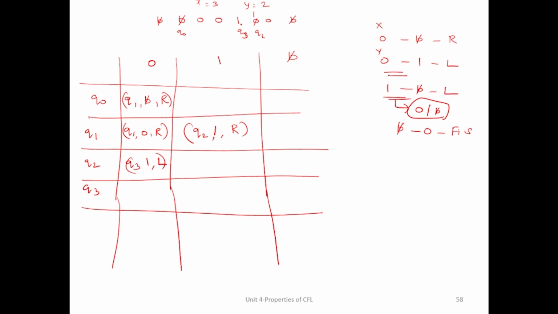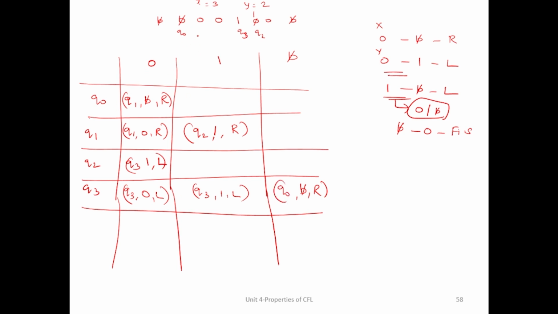The control head points to 1 with the Q3 state. If Q3 reads 1 or 0, go to the left direction. If Q3 reads a blank space, go to the right direction with the new state Q0.